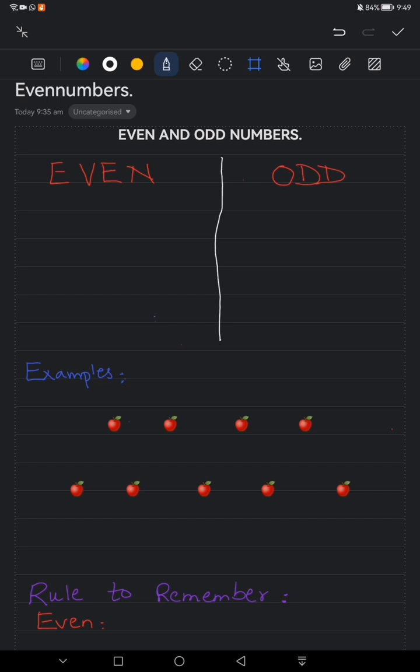Now numbers can be divided into two types. One is even and the other is odd. What are even numbers? Even numbers are numbers that can be divided into two equal groups.